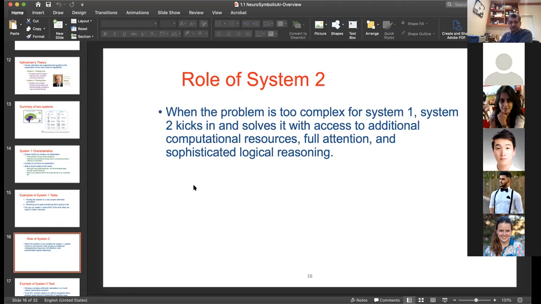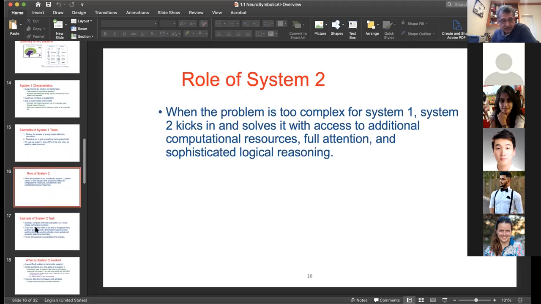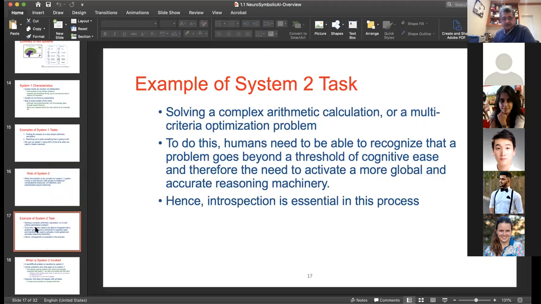But if we have to focus on something, like an exam or something, system 2 kicks in and solves it with access to additional computational resources, full attention, sophisticated logical reasoning. So example of system 2 task, solving a complex arithmetic calculation or a multi-criteria optimization problem.